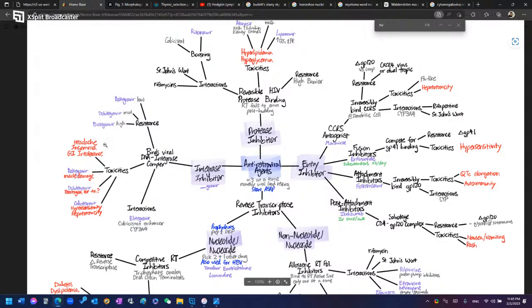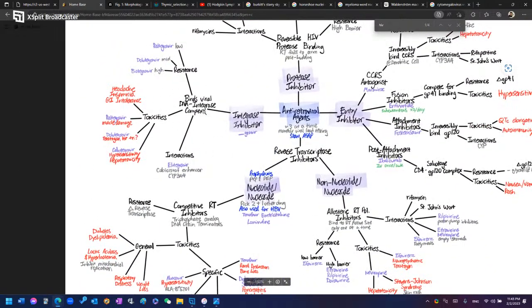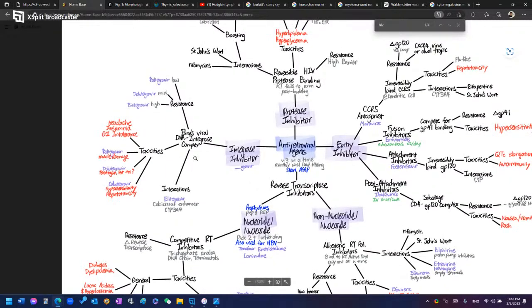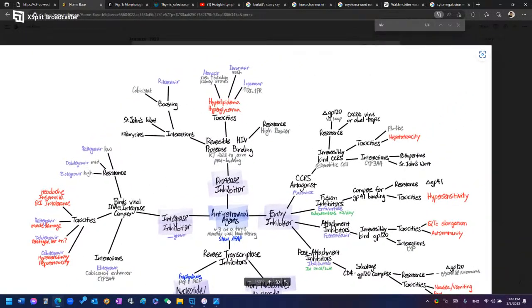A lot of side effects from that. Even teratogenic. So this makes sense, right? Because how it does that can affect other cells perhaps as well, you know.